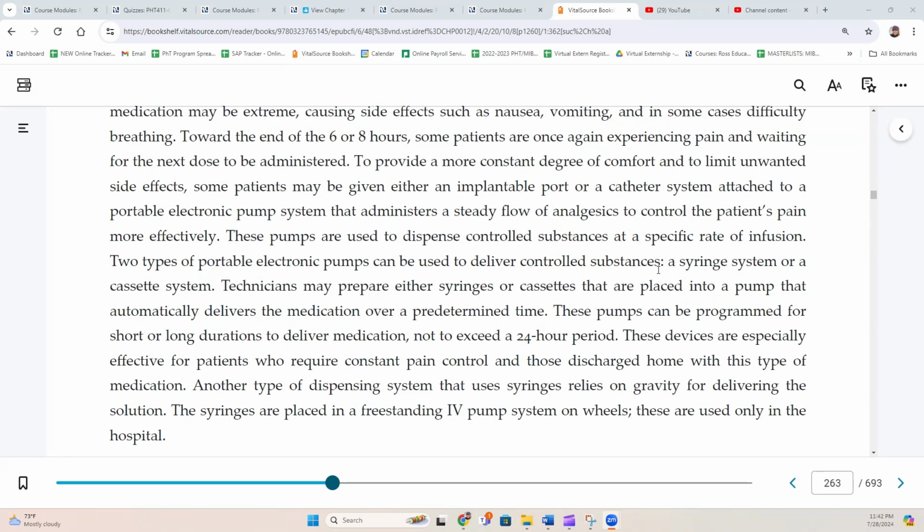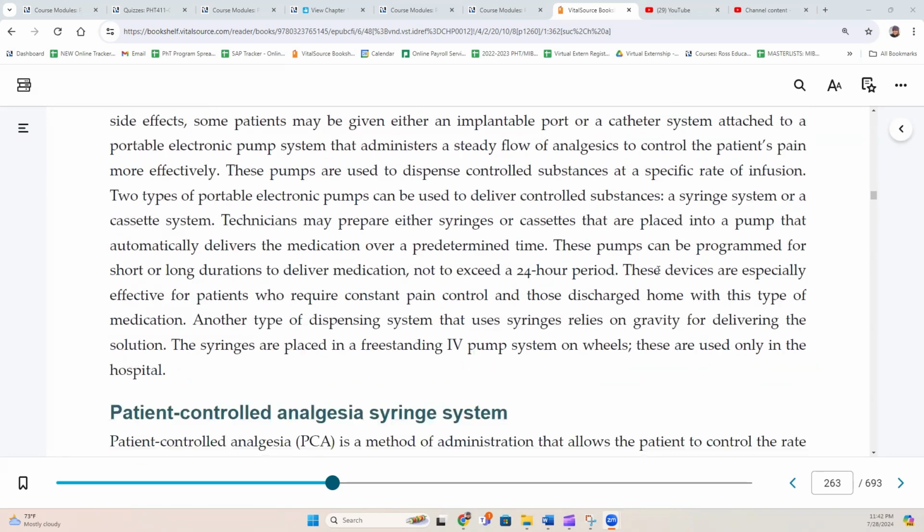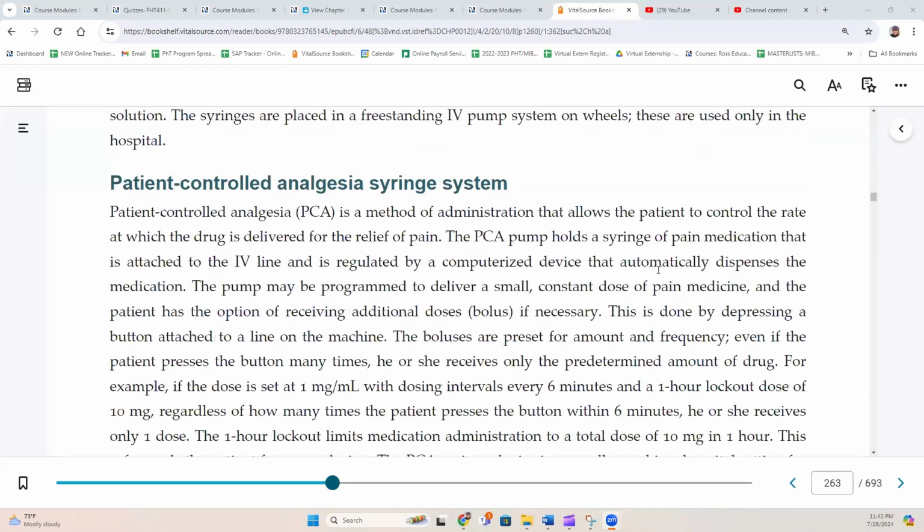These devices are especially effective for patients who require constant pain control and those discharged home with this type of medication. Another type of dispensing system that uses syringes relies on gravity for delivering the solution. The syringes are placed in a freestanding IV pump system on wheels. These are used only in the hospital.